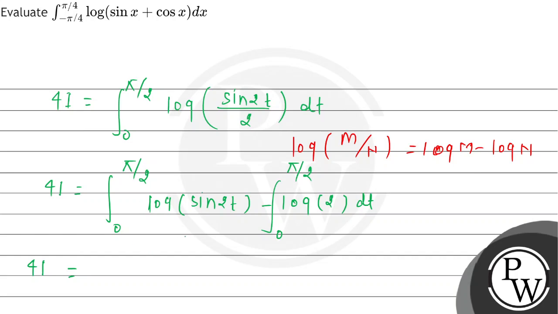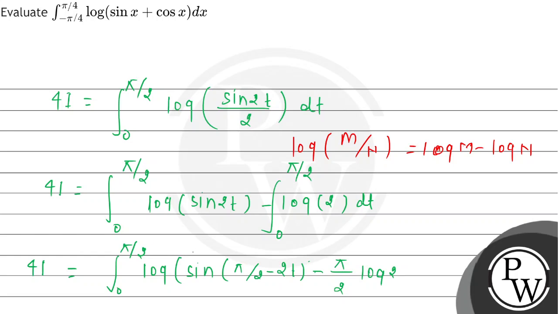After applying this formula we can write this function as 2 times the integration from 0 to pi by 2 of log of sin of (pi by 2 minus 2t), and then pi by 2 log of 2.